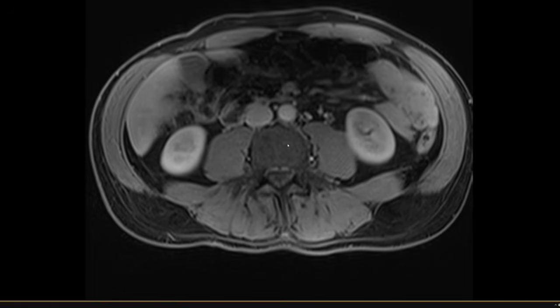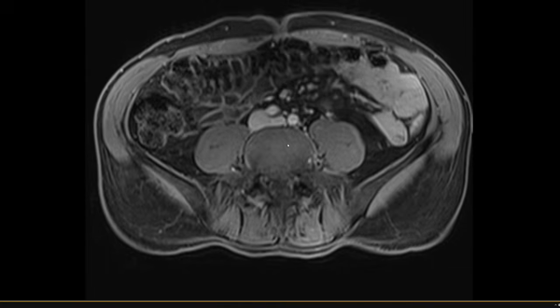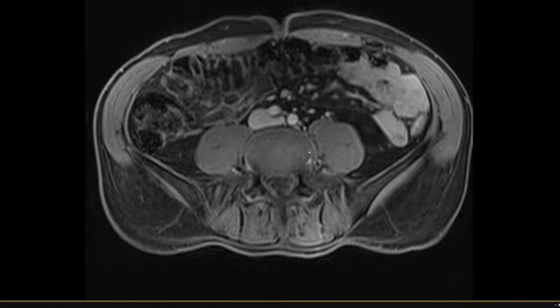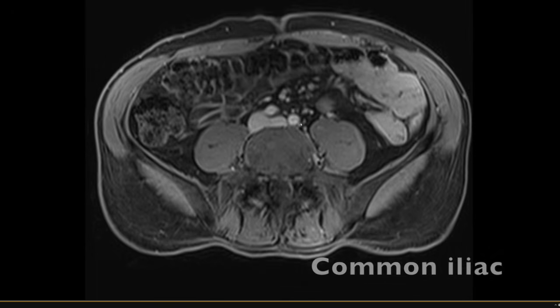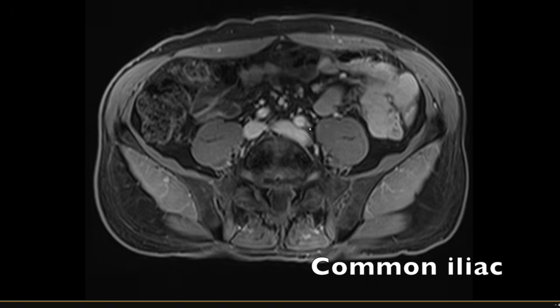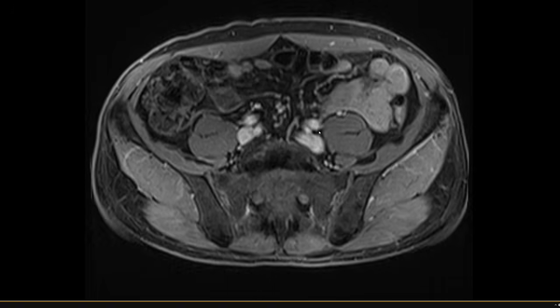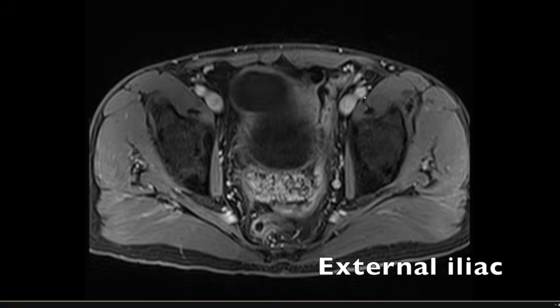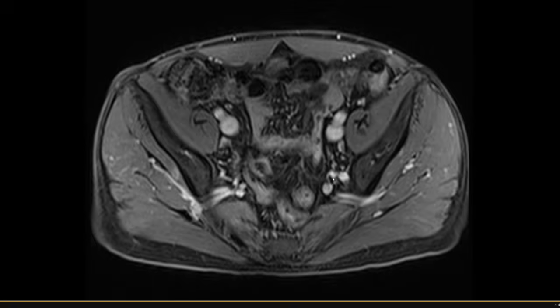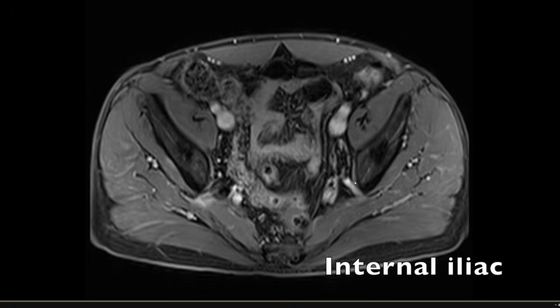And then, of course, we have our nodal stations if we look at our wide field of view images. So we have our retroperitoneal nodes up here. We have our common iliac nodes that would be around the common iliac artery or common iliac vasculature. After the bifurcation, we have our external iliac nodes that run along the external iliac vessels, as well as the internal iliac nodes that are along the internal iliac vessels.